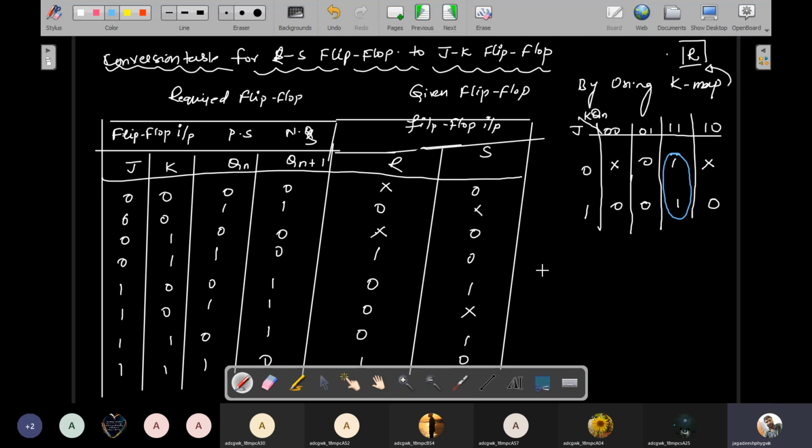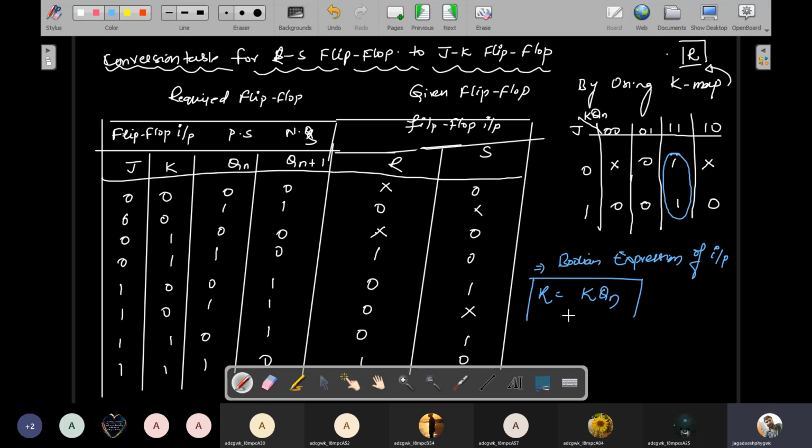So from this, we will write the Boolean expression for input R. Input R is equal to, see, the only possible one is 1, 1. So that is represented by K Qn only. Okay. So therefore R is equal to K Qn.